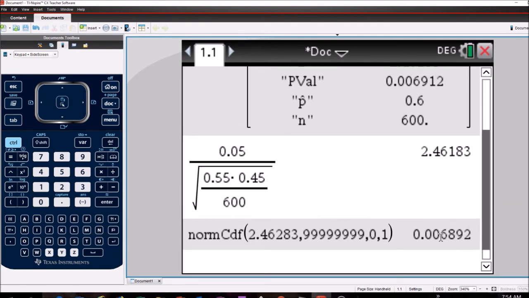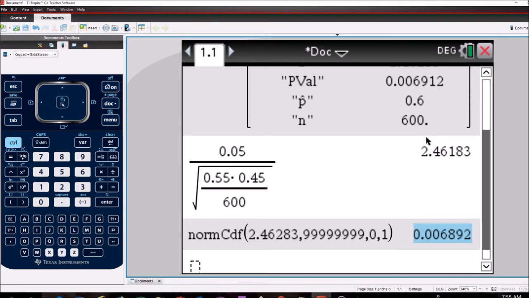I want you to compare that to the p-value up here above, 0.06912. It's really close. Why is it not exact? It's not exact because this number right here is probably rounded a little bit, so this one's going to be off by just a little bit. By having the calculator do all of it, we get a more precise answer.